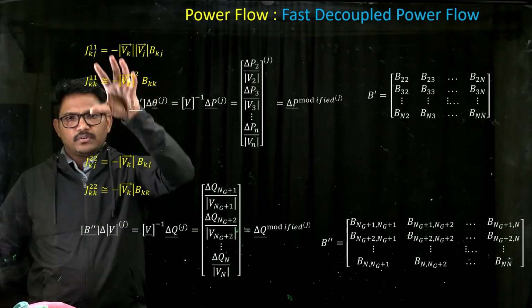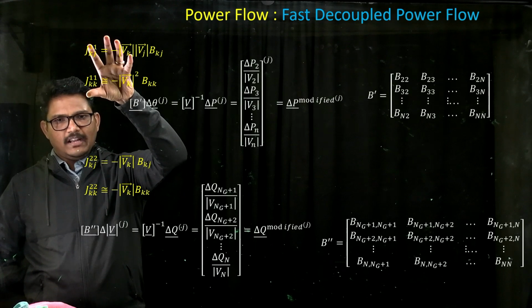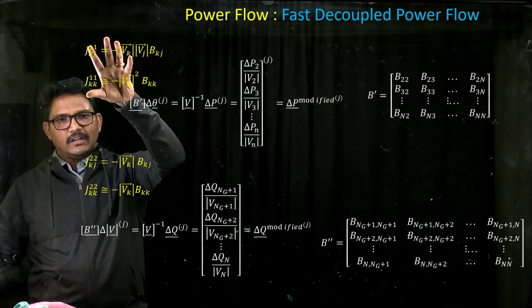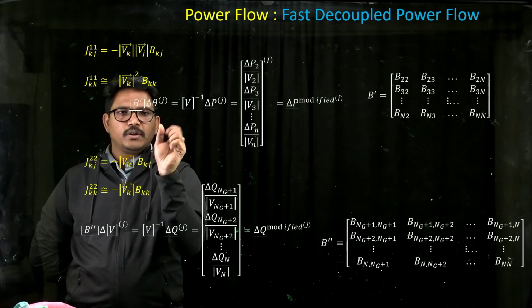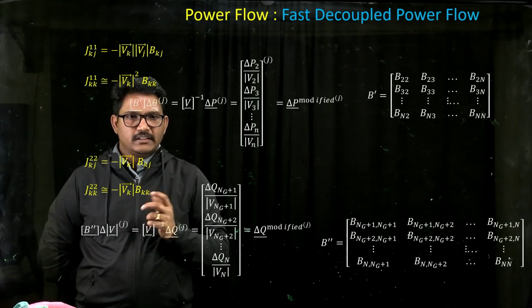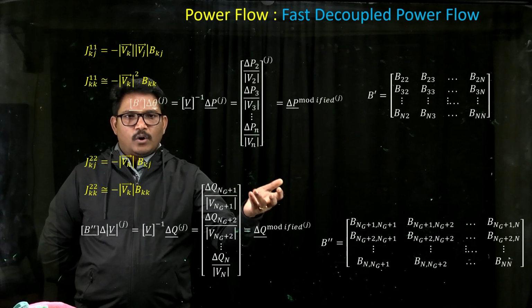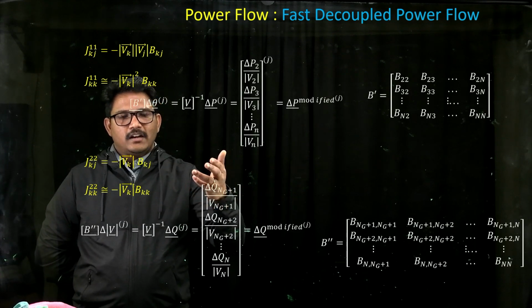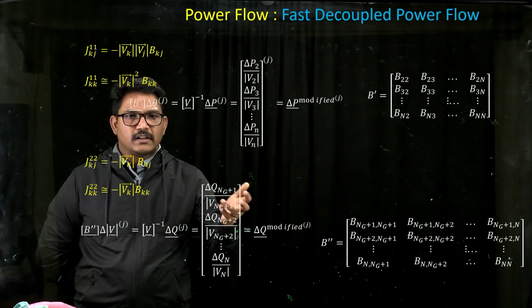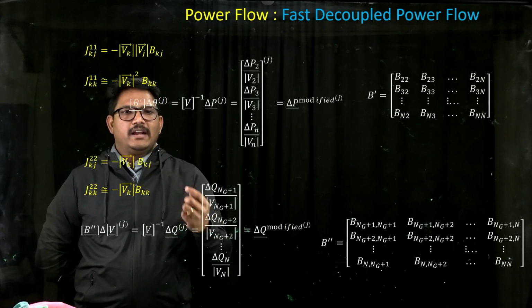Now, if you try to put the J11 elements in a matrix form, you will see that this is going to be B dash multiplied by theta is equal to V inverse of delta P. Now, V is nothing but a diagonal matrix where all the diagonal elements correspond to the voltage at a bus.